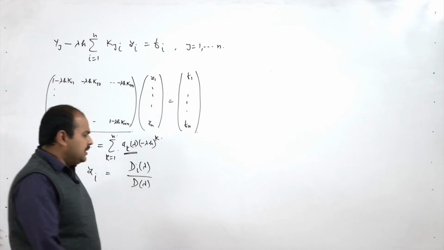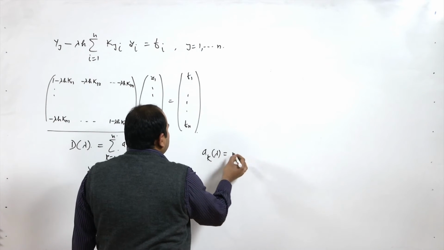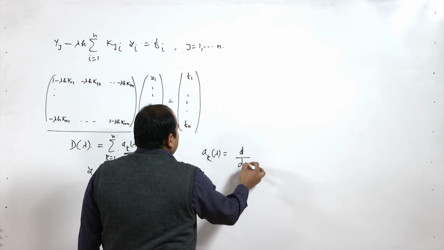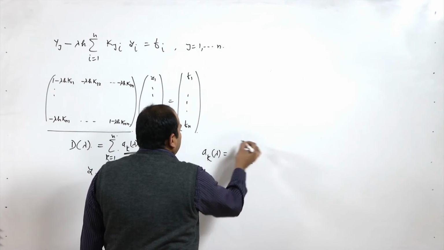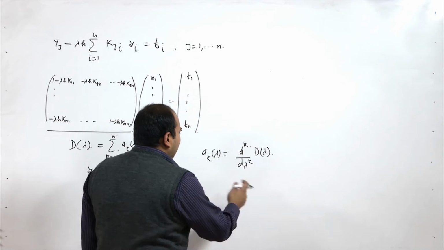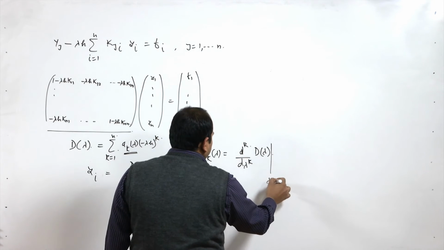If you remember, we can find a_k as the kth derivative d^k by d lambda^k of this capital D(lambda), evaluated at lambda equal to 0.